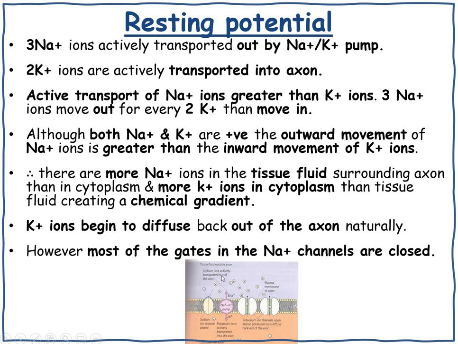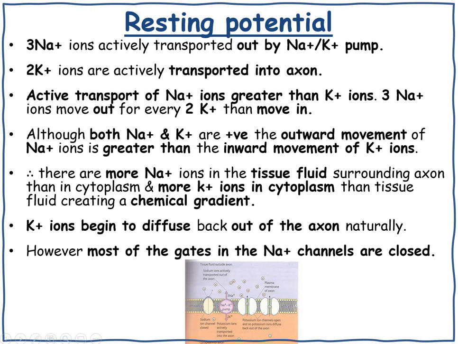You can see here, this is the outside, this is the inside. 3 sodium ions are pumped out for every 2 potassium ions that are pumped in. So active transport of sodium ions is greater than the active transport of potassium ions, because 3 sodium move out for every 2 potassium that move in.